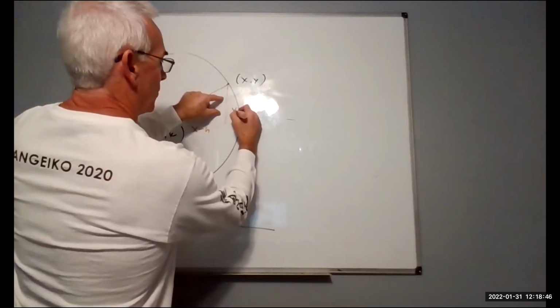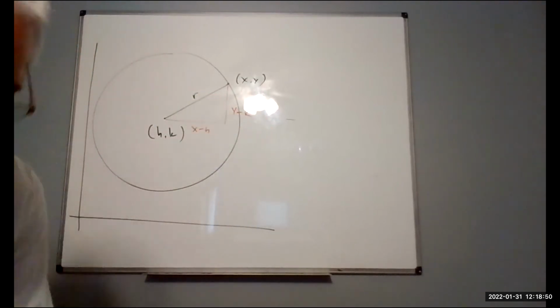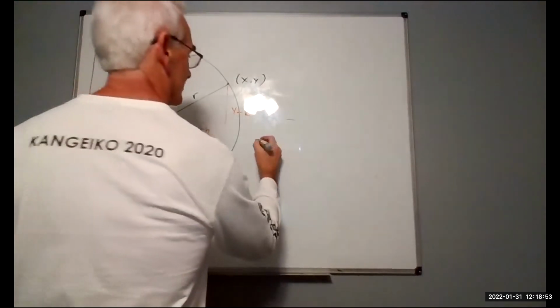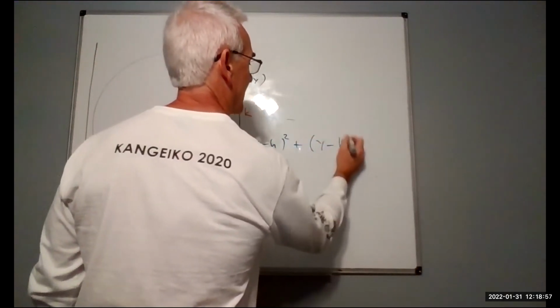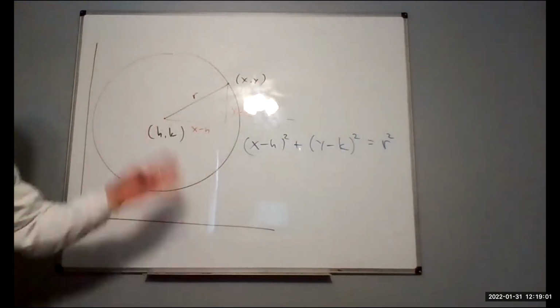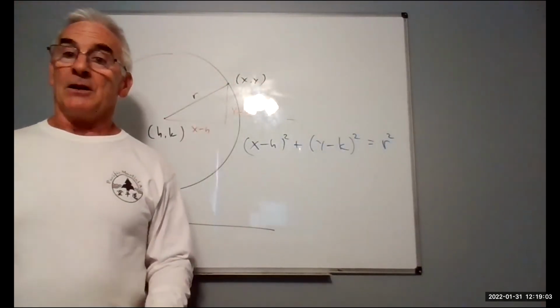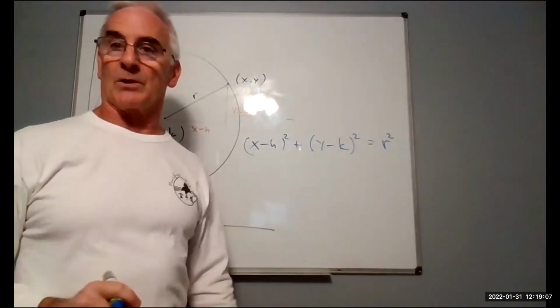And isn't that y minus k? So the equation of this circle is x minus h quantity squared plus y minus k quantity squared equals r squared. And again, we know this. This is remedial algebra. Now, if I was back at the origin, h and k would both be 0, and I'd be back to where I was.